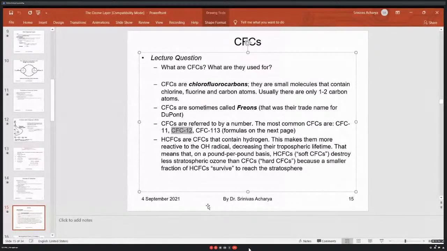So here you have the number of carbon atoms, number of hydrogen atoms, number of chlorine atoms, sorry, number of chlorine atoms and number of fluorine atoms. You can add these, and the rest is your hydrogens. So this is your chlorofluorocarbon, and it is mostly used for refrigeration, fuels, and solvent processing industries.